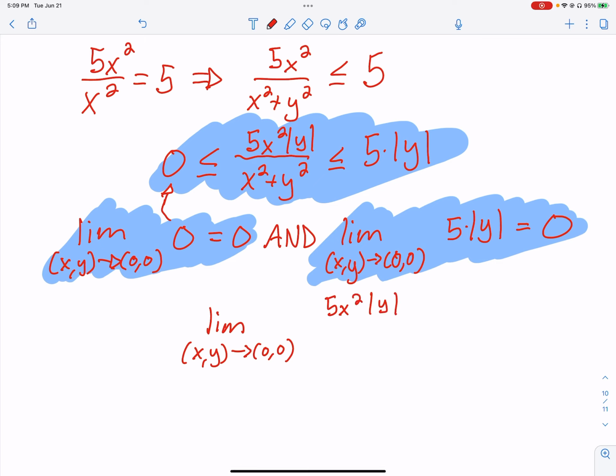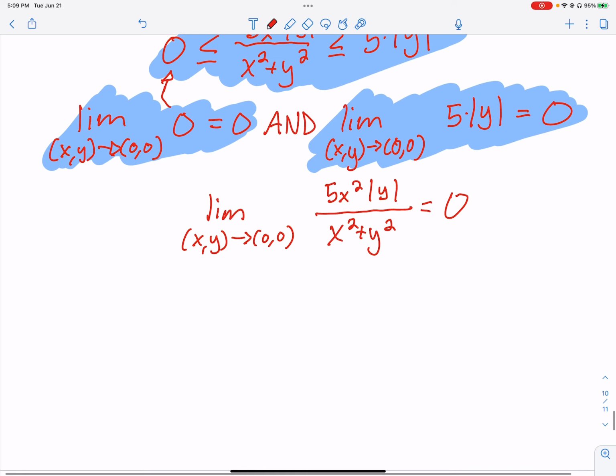That's what that top blue cloud says, right? If it's always stuck between those two, and the two things it's stuck between go to 0, that means the thing itself has to go to 0. Now, we didn't answer the question, though. The big difference between what we answered and what the problem asked is that there isn't an absolute value on that y.